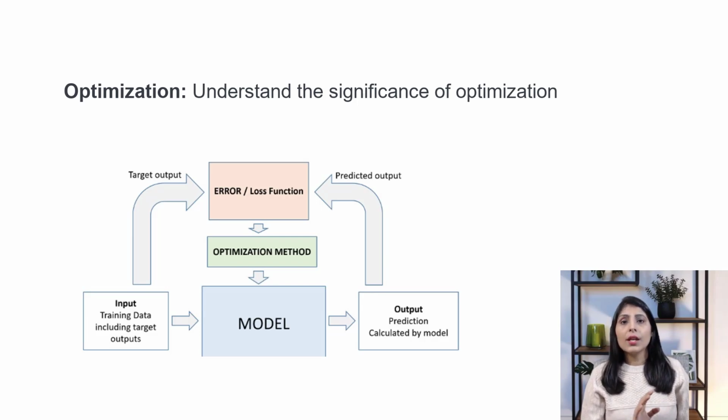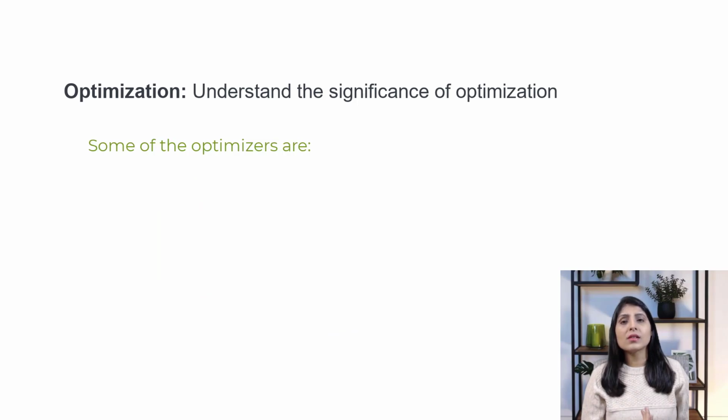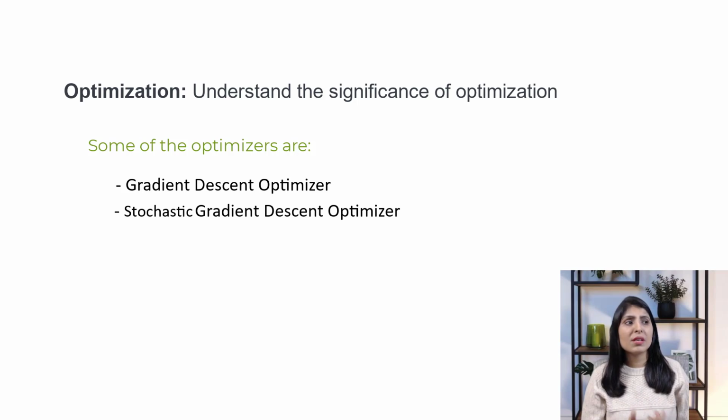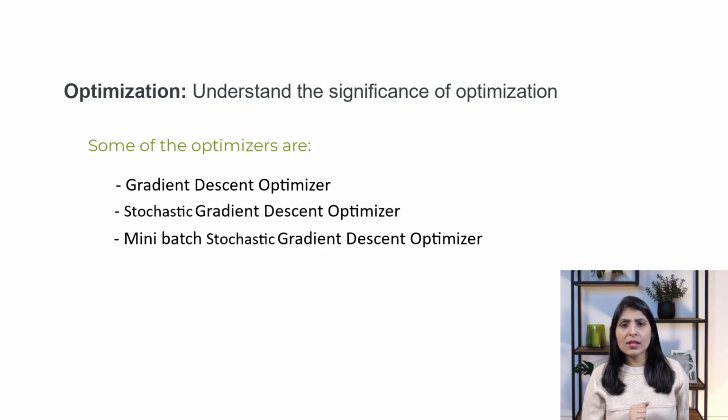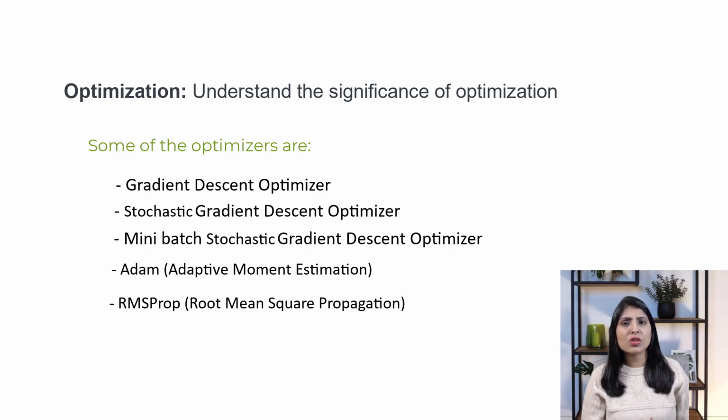All right. Now, yes, there are different types of optimizers, but the goal of every optimizer is the same. Some of the optimizers are the gradient descent optimizer, stochastic gradient descent optimizer, mini batch stochastic gradient optimizer, then Adam optimizer, or RMSProp, which is also known as root mean square propagation. Okay.